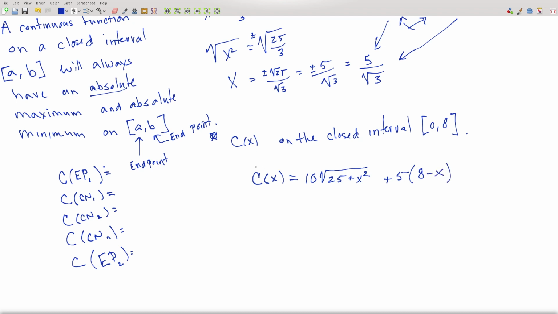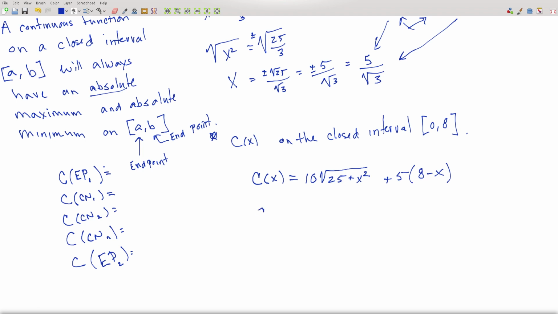This is the original function. We found its derivative in order to get the critical numbers. We thought about the closed interval for this problem, and we found that it is from 0 to 8, and now we're going to use the extreme value theorem to find the absolute maximum and the absolute minimum.